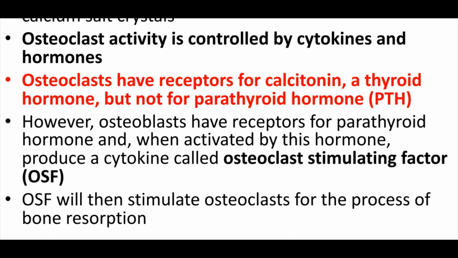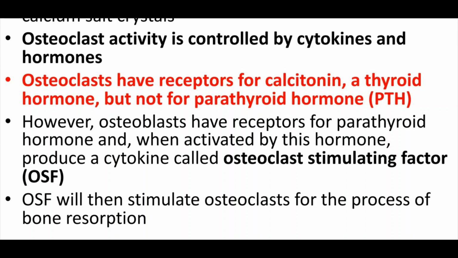When the osteoblasts are activated by parathyroid hormone, they produce a cytokine called the osteoclast stimulating factor. The osteoclast stimulating factor will then stimulate the osteoclast for the process of bone resorption. So that's how bone resorption happens.